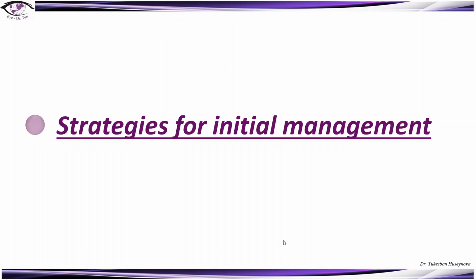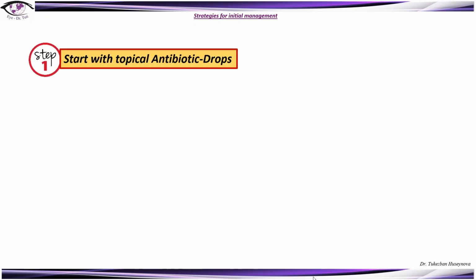Strategies for initial management. Here I will talk about a few steps which you have to follow before you start your therapy. First step, start with topical antibiotic drops. In general, topical antibiotic eye drops achieve high levels of tissue concentration. Ointments may be useful therapy overnight in less severe cases, but may impair the penetration of topical eye drops.